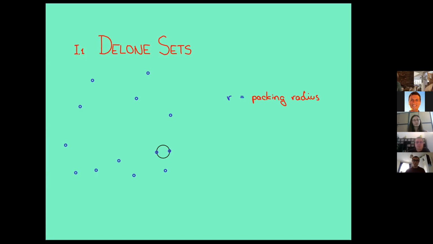And big R, which is always larger than little r, is the covering radius. It's the biggest disk that you can fit in a hole between the points. And it's called covering radius because if I put such a disk around every point that I have, then I cover the entire plane, or 3-dimensional space if it's spheres and balls.